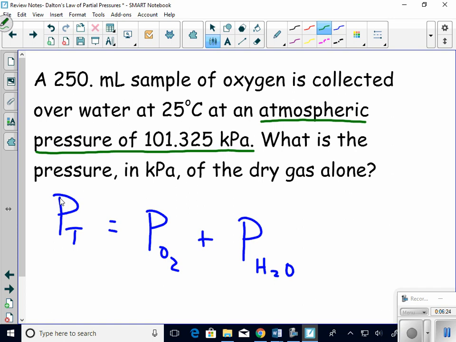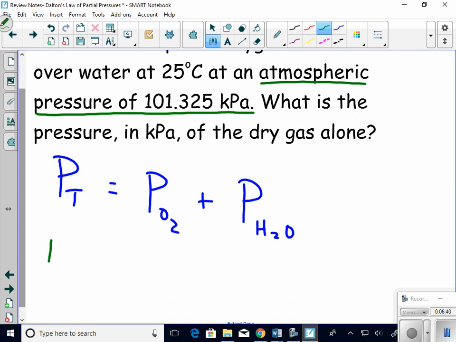This is going to be very similar to how we calculate the pressure in the lab coming up tomorrow. So, my total pressure is 101.325, and we're dealing with now kilopascals.